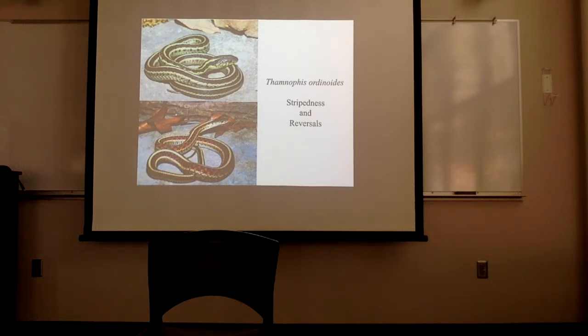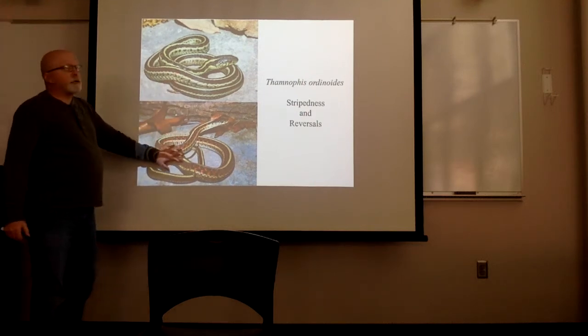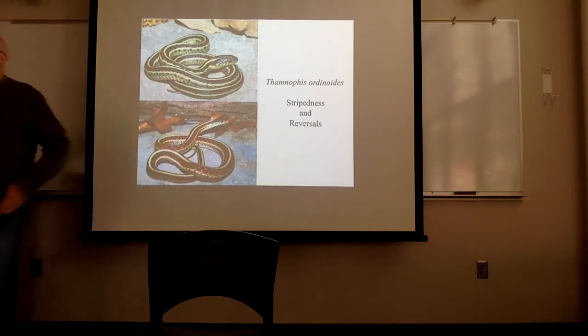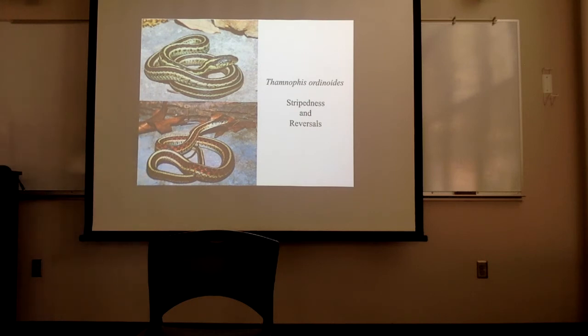And he found over time that striped snakes and checkered snakes behaved differently. And he was curious as to why these two sets of traits, behavior and morphology, would have come to co-evolve with one another, such that striped snakes tended to run in a straight line, and checkered snakes tended to reverse their direction fairly often.